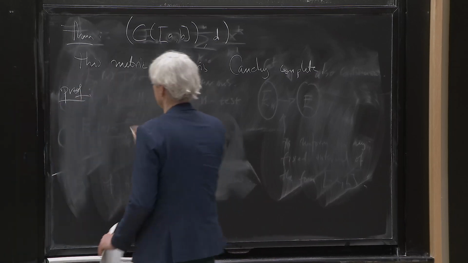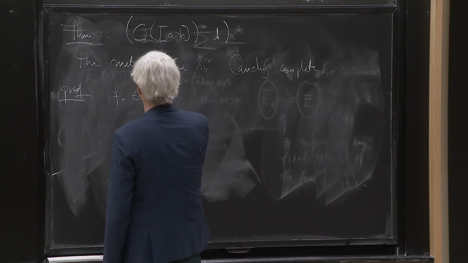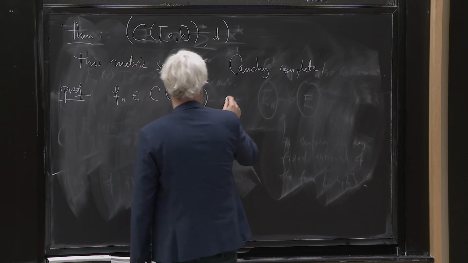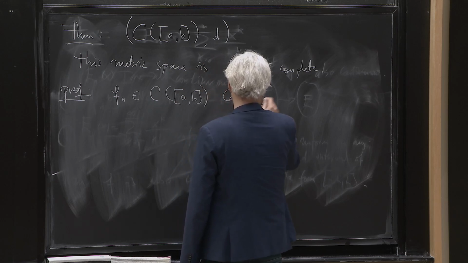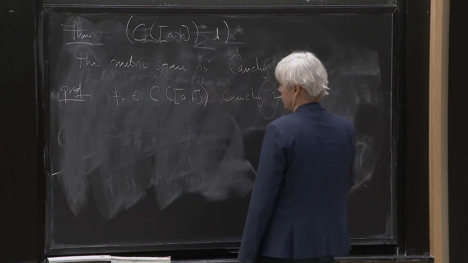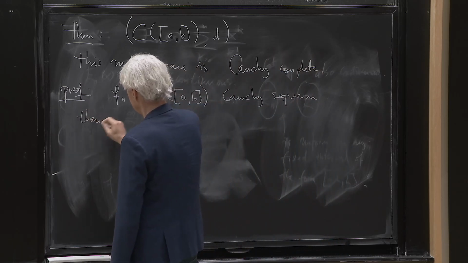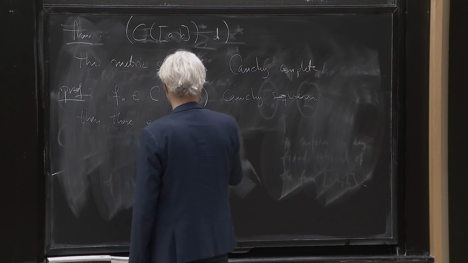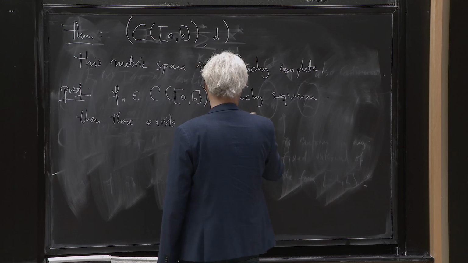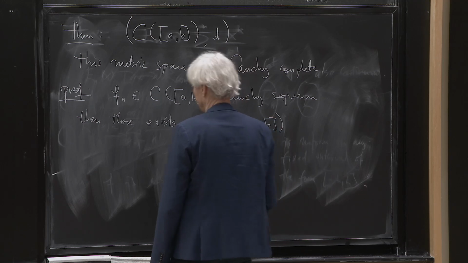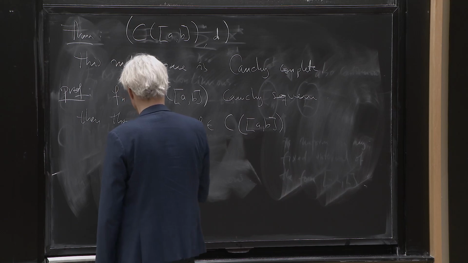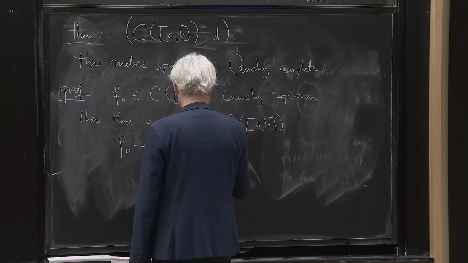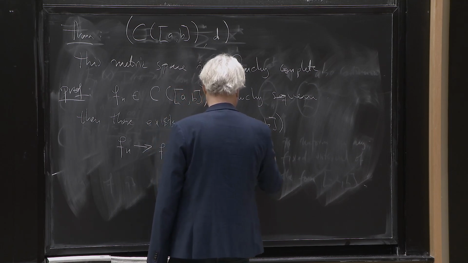So we need to prove that if this here is a Cauchy sequence, then there exists a function that is also continuous, and this sequence converges to f in the metric D. Right?